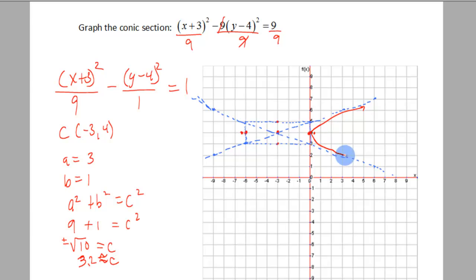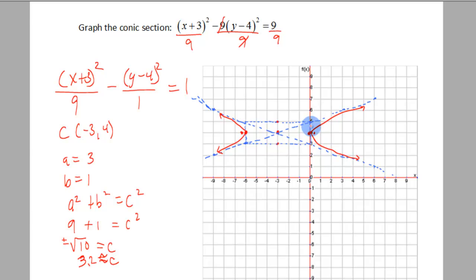This one, go out towards the blue line. Same thing over here. Start at the vertex, out towards the blue line. Okay, so that's what it looks like. It opens left and right, out towards the blue line on both sides. The b just helped me create the box, which helped me create the asymptotes.